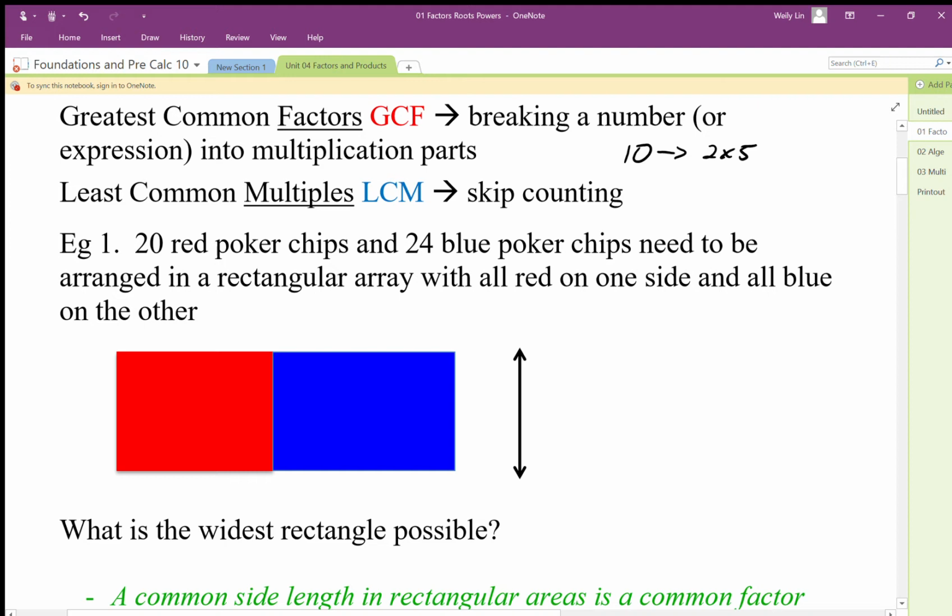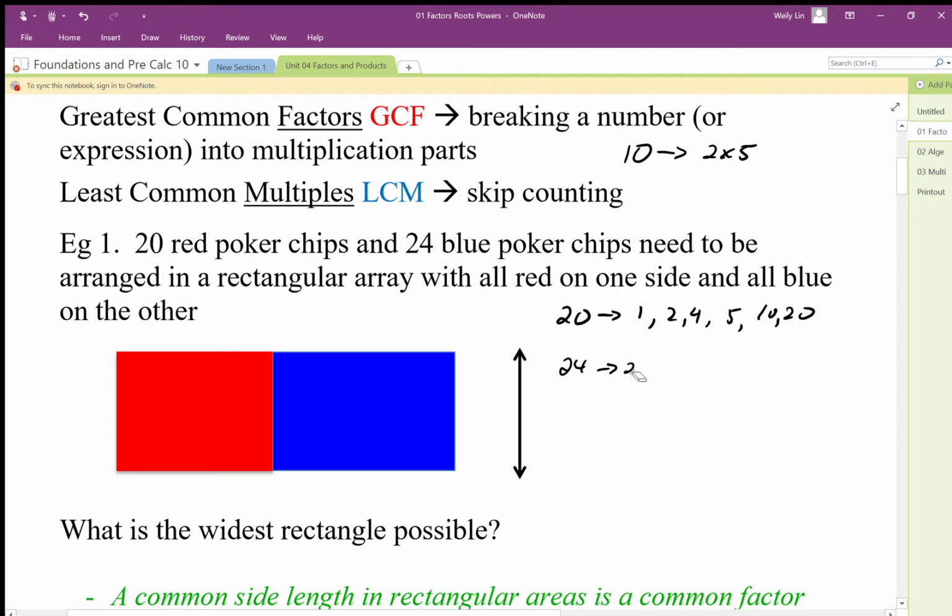Well, we can factor using factor pairs. We can see that 20 can be written as 1 times 20, 2 times 10, 4 times 5. Those are all the factors of 20. And we can look at 24 and do the same thing in pairs.